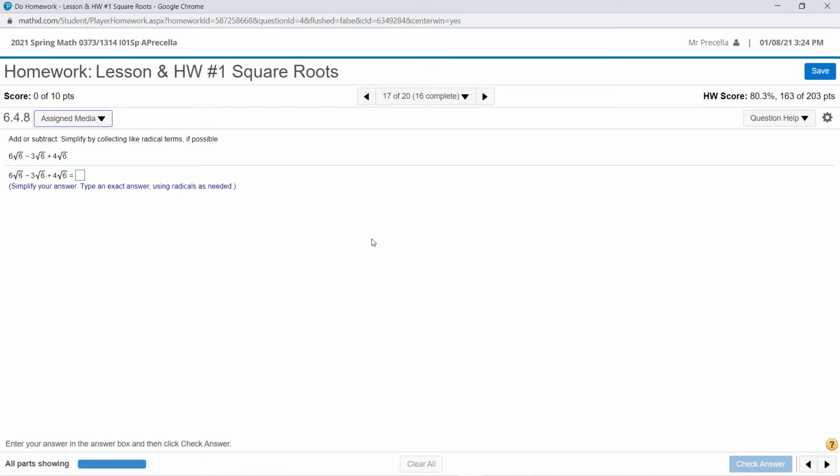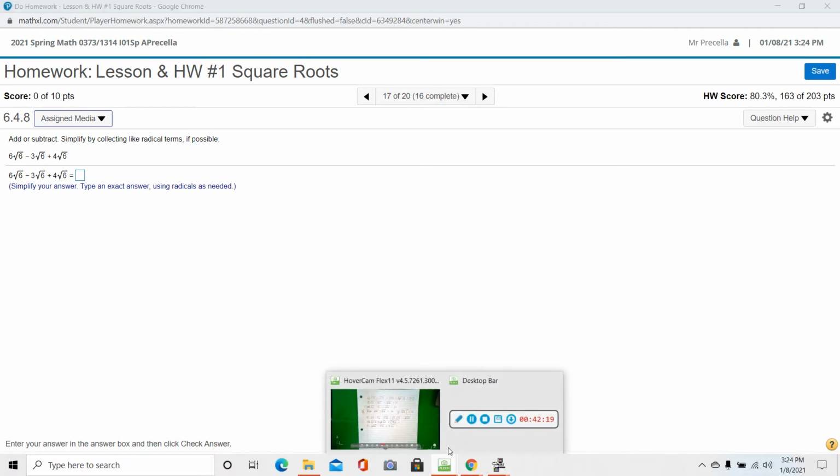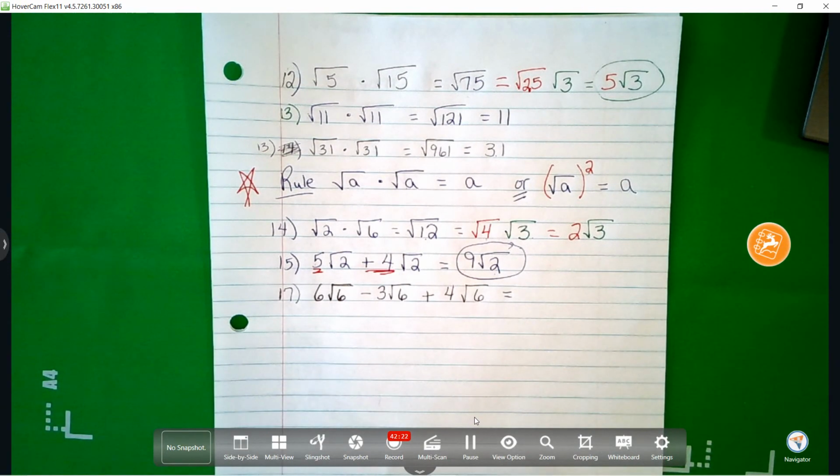I just punched in the answer. 6 square root of 6 minus 3 square root of 6 plus 4 square root of 6. Okay, so I've written it down.